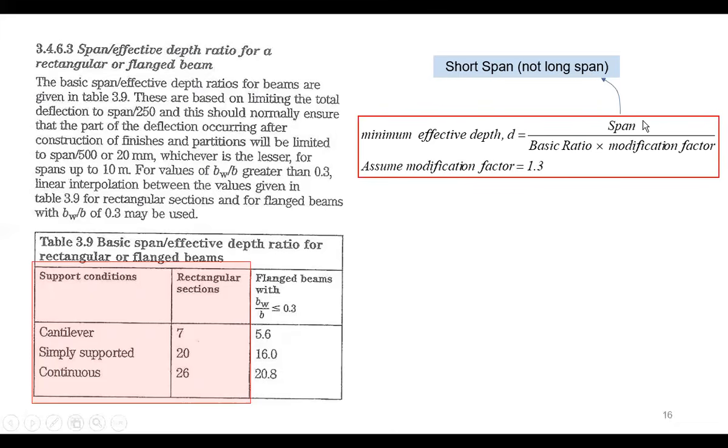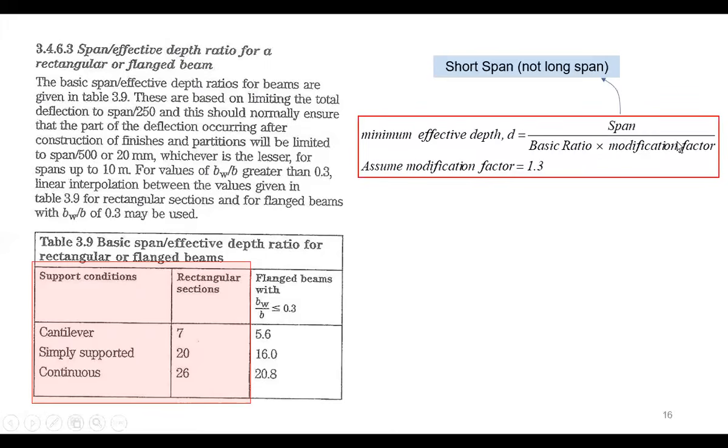Because for each slab, you have two spans: a long span and a short span. Always, the span that will govern our design and our thickness will be the short span, not the long span. So here it will be the short span divided by the basic span to depth ratio, either 7 in case of cantilever, 20 in case of simply supported one-way slab, or 26 in case of continuous.